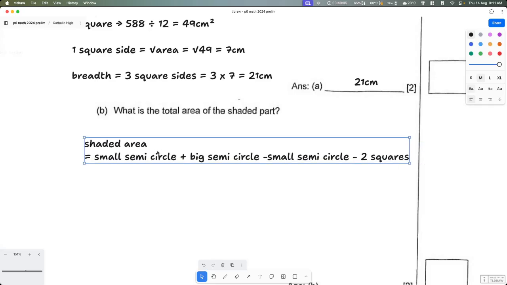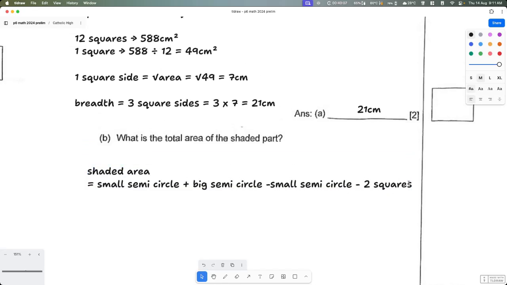It's a lot. That means we can cancel the small semicircle out, which leaves big semicircle minus 2 squares.